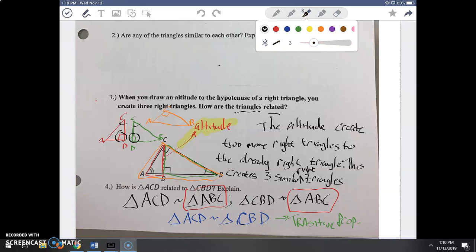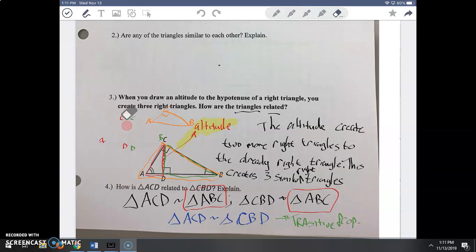Looking at these two triangles, angle B is the same as this angle B, and both of these have a right angle. So they're going to be similar.